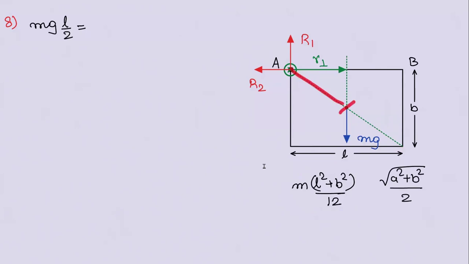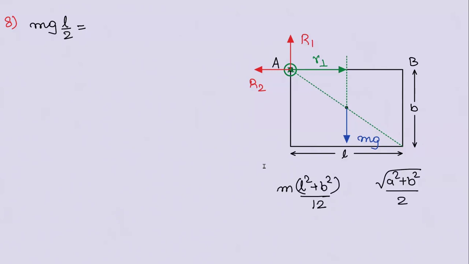Now, parallel axis theorem if you use, moment of inertia about any axis is equal to moment of inertia about center of mass plus mass into the distance between these two axes square. So the formula you know, I is equal to ICM plus MD square.